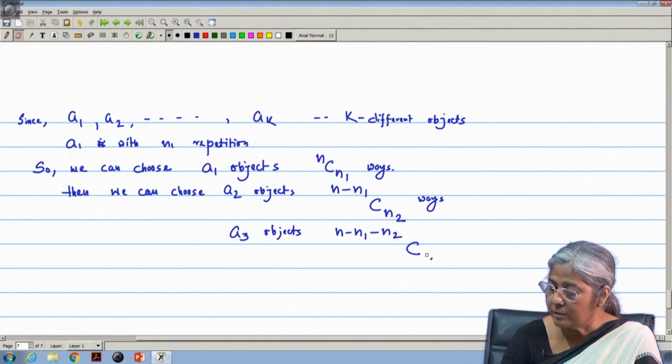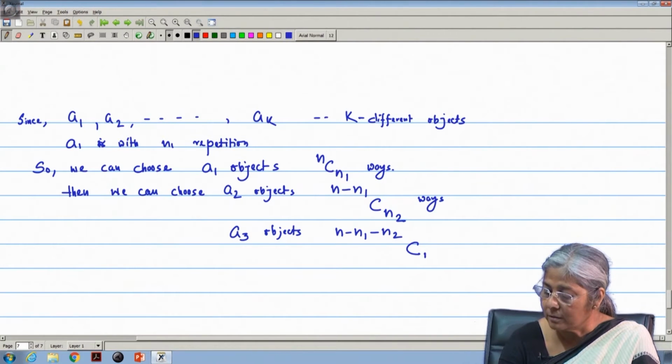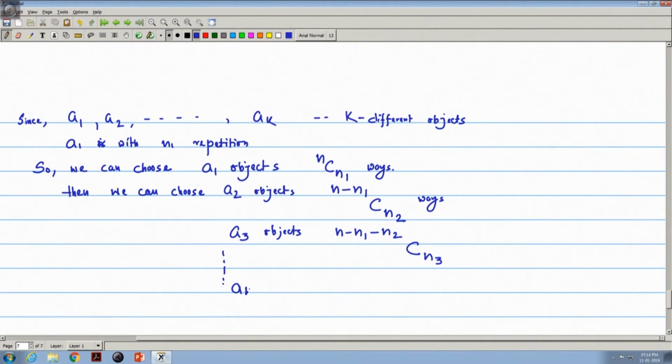In this way, if I continue, then if I choose Ak type of objects, that with nk repetition, it is n minus n1 minus n2 minus up to nk minus 1 C nk.